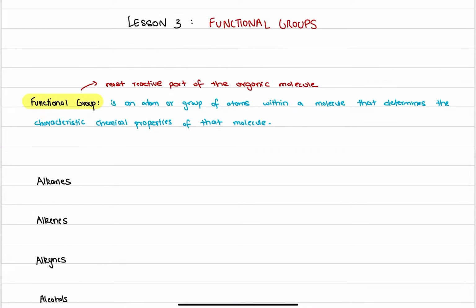In other words, if you can identify which functional groups are present inside any organic molecule, then you can predict which organic and which chemical reactions that molecule will go through, which reagents it will react with, etc. So basically you can judge its chemical properties and reactivity, keeping the functional group in mind. That is why we also say most of the time that the functional group of any organic molecule is the most reactive part of that organic molecule, because this is the part which is involved in the chemical reactions.